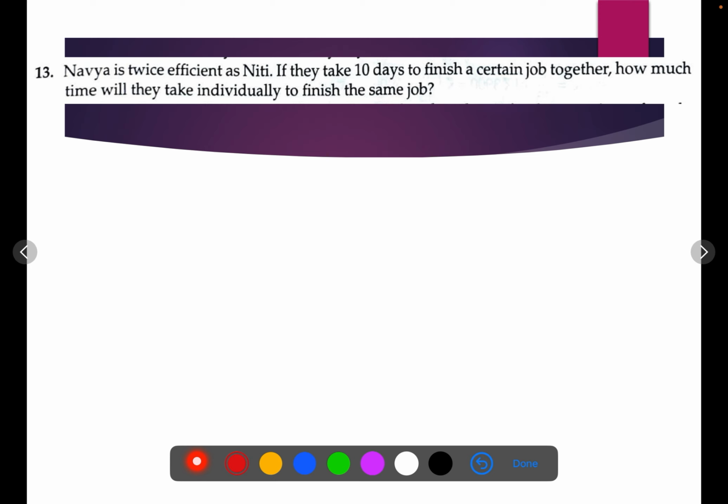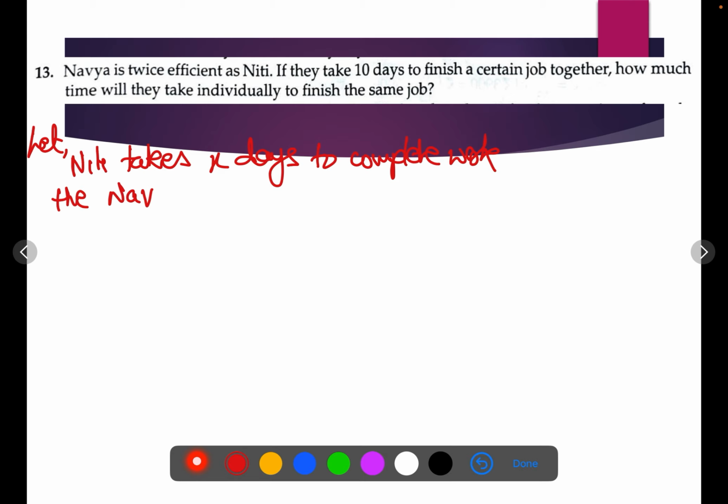So if I say Neeti takes X days to complete some work, right? In that case, what would be Navya's capacity? So Navya will take, obviously if it is twice, half of the time.